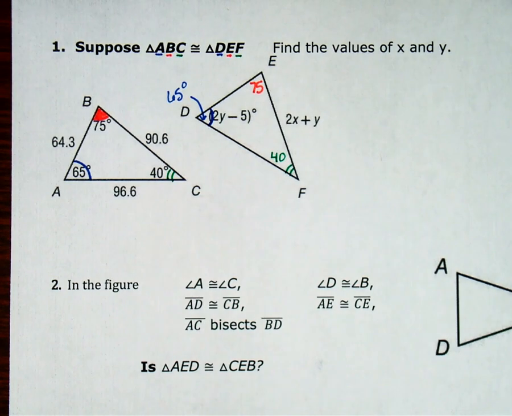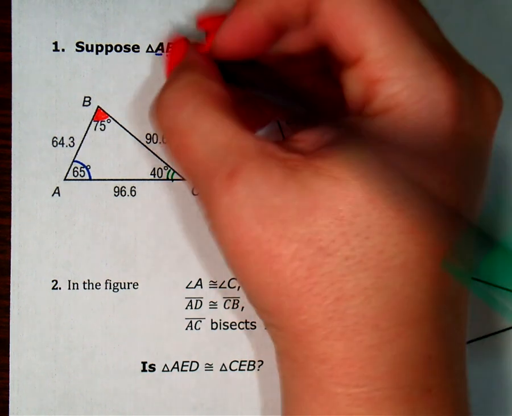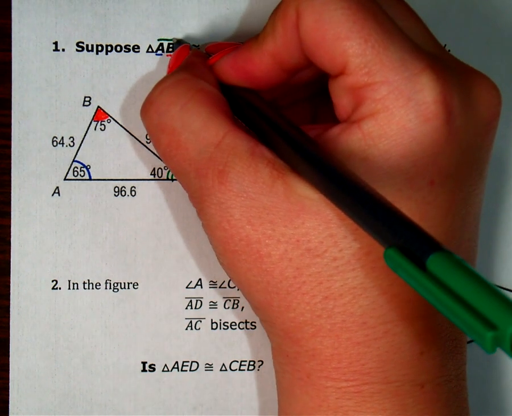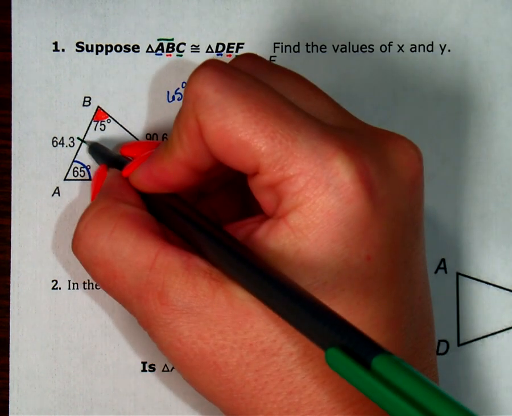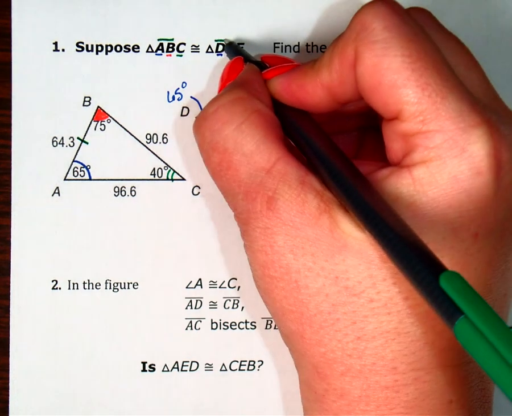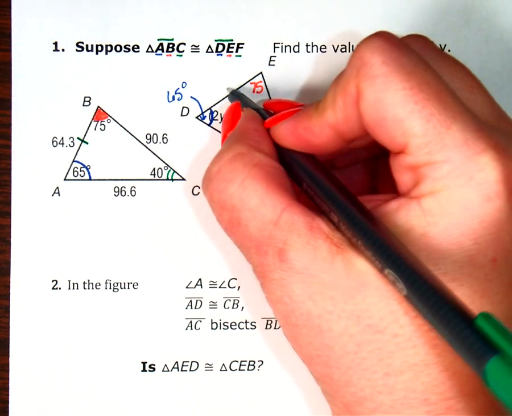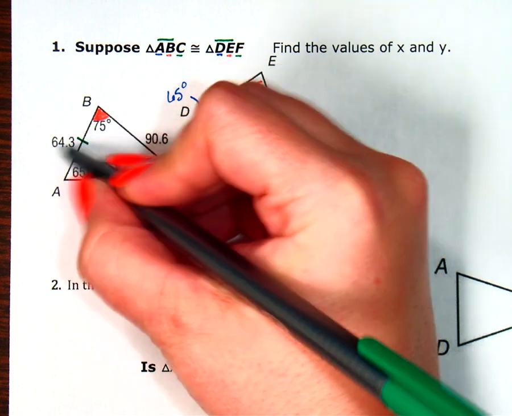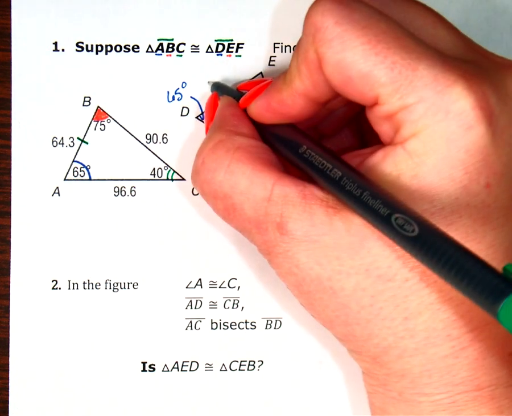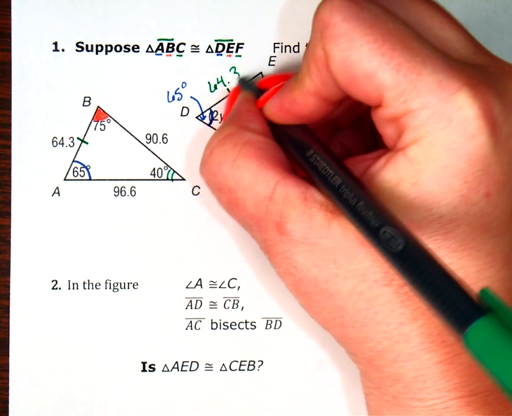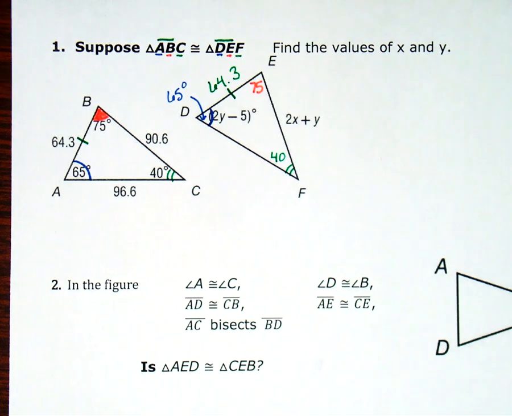Okay, but I can also look at my sides. So if I look at the first two letters, segment AB is going to match with the first two letters, segment DE. So if AB is 64.3, this side is also 64.3. Okay.